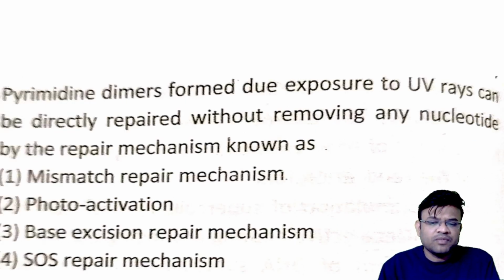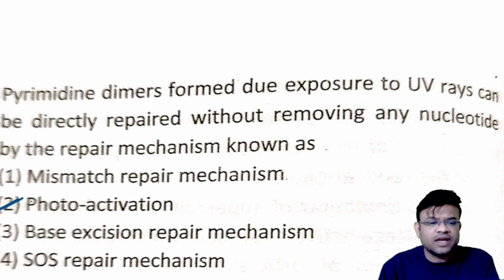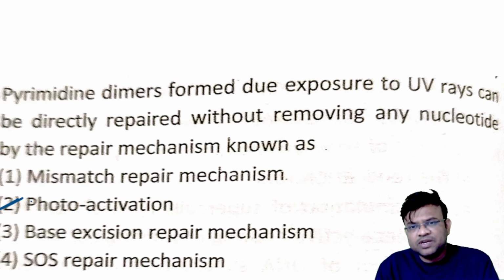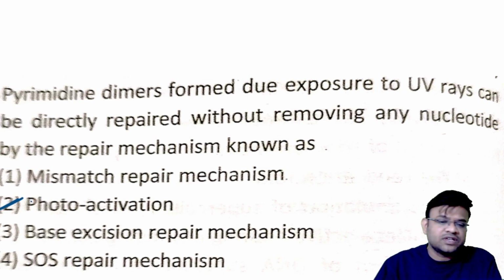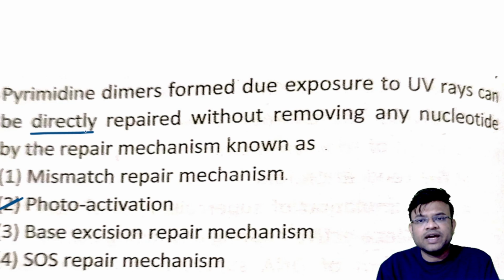Pyrimidine dimers formed due to exposure to UV rays can be directly repaired without removing any nucleotide by a repair mechanism known as... Now, obviously, this answer is photoactivation. Why? Because in my previous lectures also I have told you that photoactivation is a process that involves the direct repair system, and in one of the previous questions I told you that direct repair system is the repair system where there is no breakage of phosphodiester bond.